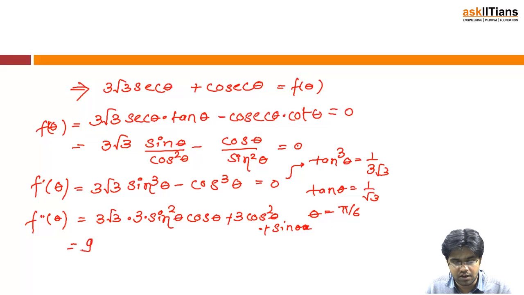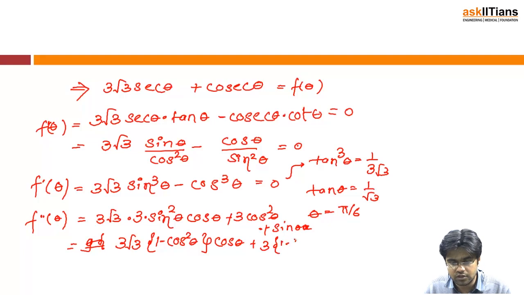If I simplify, I will get 9. I can take 9 common, or let's not take anything common. So let's write it like this: 3 root 3 sin square theta, I can write it as 1 minus cos square theta of cos theta, plus 3 cos square theta, I can write it as 1 minus sin square theta of sin theta.